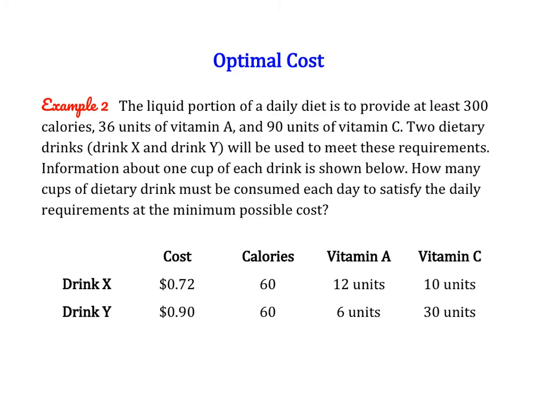Information about 1 cup of each drink is shown below. It says how many cups of dietary drink. So just the way it's worded, we can already use that to define our variables. So we can say X equals the number of cups of drink X, and let's call Y the cups of drink Y.